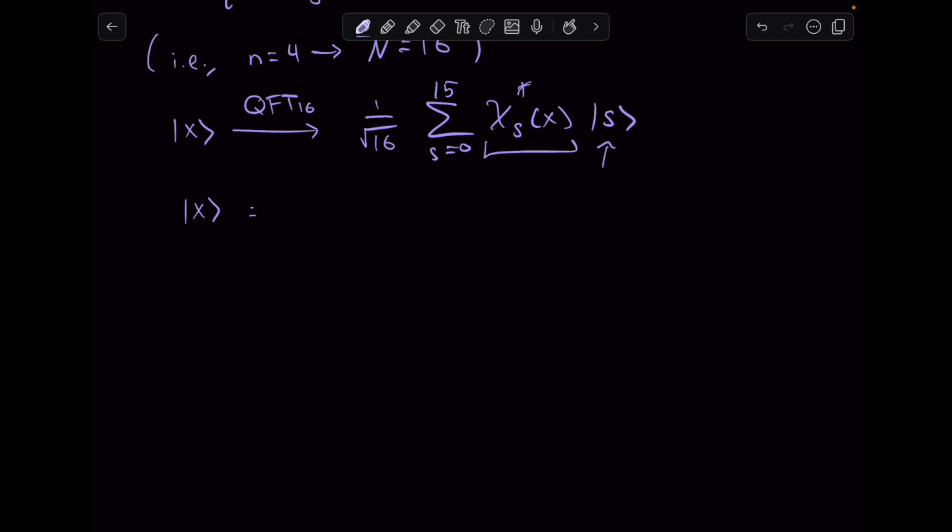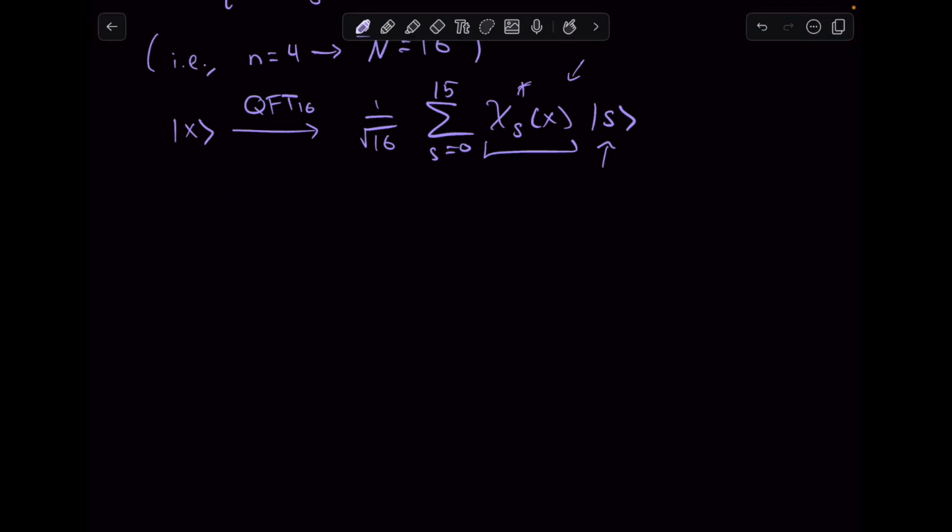But this is the transformation we want because we want to measure in the computational basis and actually obtain some information about these coefficients. This is when we actually want to run this thing to compute something for us. So this is the transformation we're looking for. Yeah, so how are we going to do this?